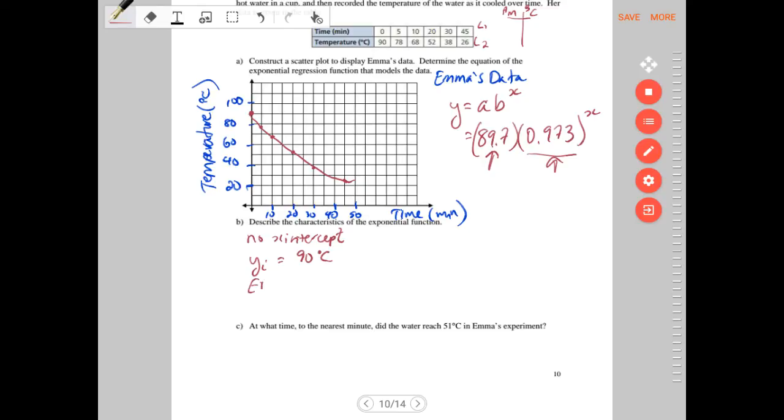The end behavior, we're starting on the y-axis, and we're moving into quadrant 1. Okay. The domain is x is greater than or equal to 0. X belongs to real, because again, time cannot be negative. And the range is y is between 0 and 90 degrees.